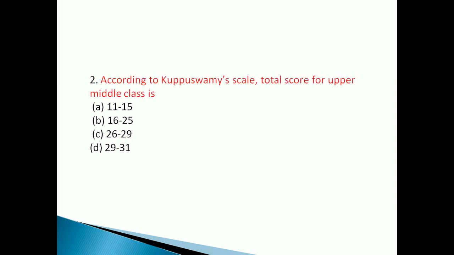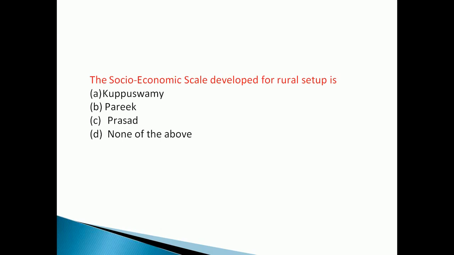So again, next question. According to the Kuppuswamy scale, the total score for upper middle class is, I am not asking upper class, upper middle class. Okay, B. Good. Then coming to the next question: the socio-economic scale developed for a rural setup is Kuppuswamy, no; Pareek, Prasad, none of the above.